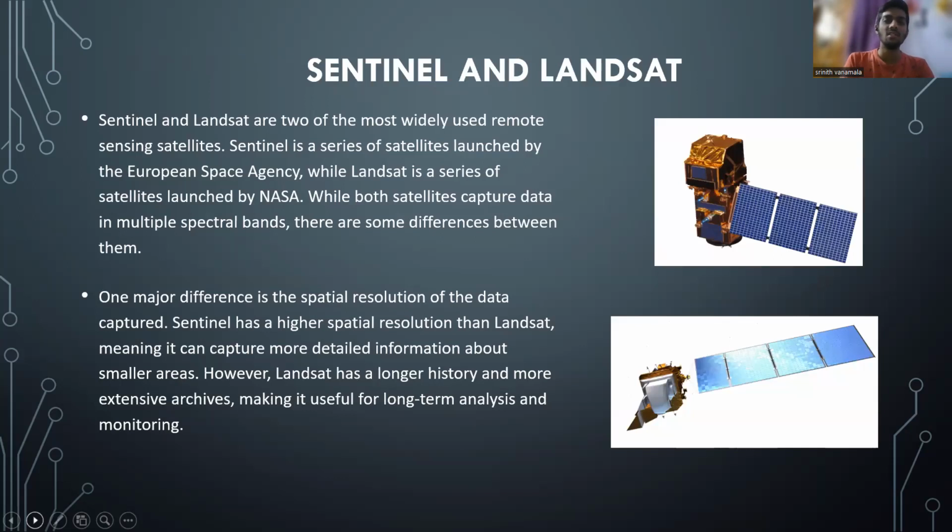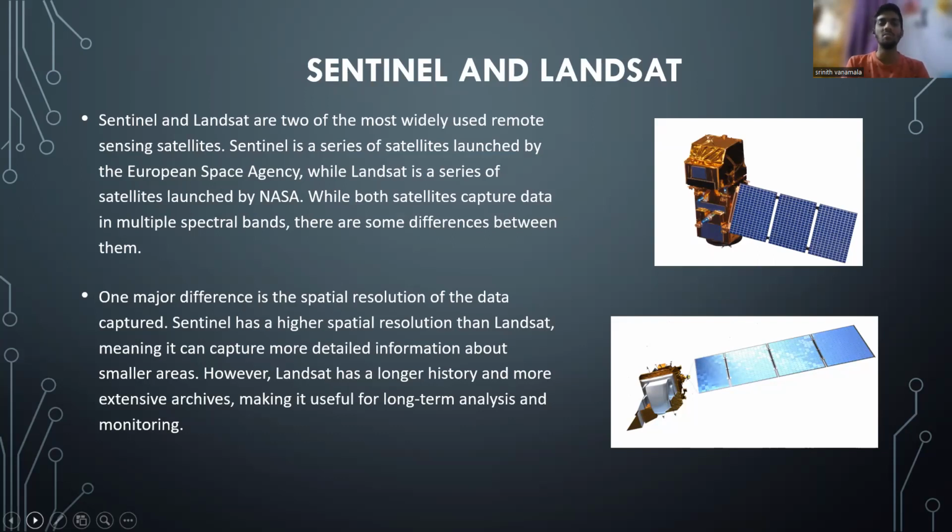Coming to the satellites, Sentinel and Landsat are two of the most widely used remote sensing satellites. Sentinel is a series of satellites launched by the ESA, European Space Agency, and Landsat is a series of satellites launched by NASA. Both these satellites capture different kinds of data in multiple spectral bands, and there are some differences in them.